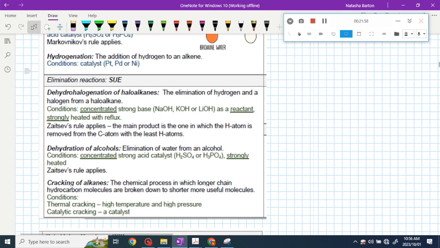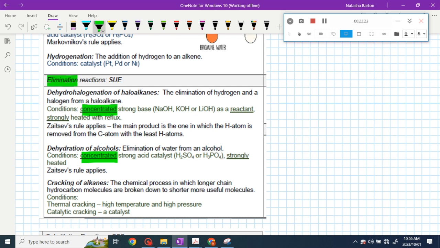A key difference that you're going to find is this. If we are looking at elimination reactions, the elimination reactions will always require a concentrated strong base or a concentrated strong acid. The others, whether they be substitution or addition, will require dilute strong bases or dilute strong acids.